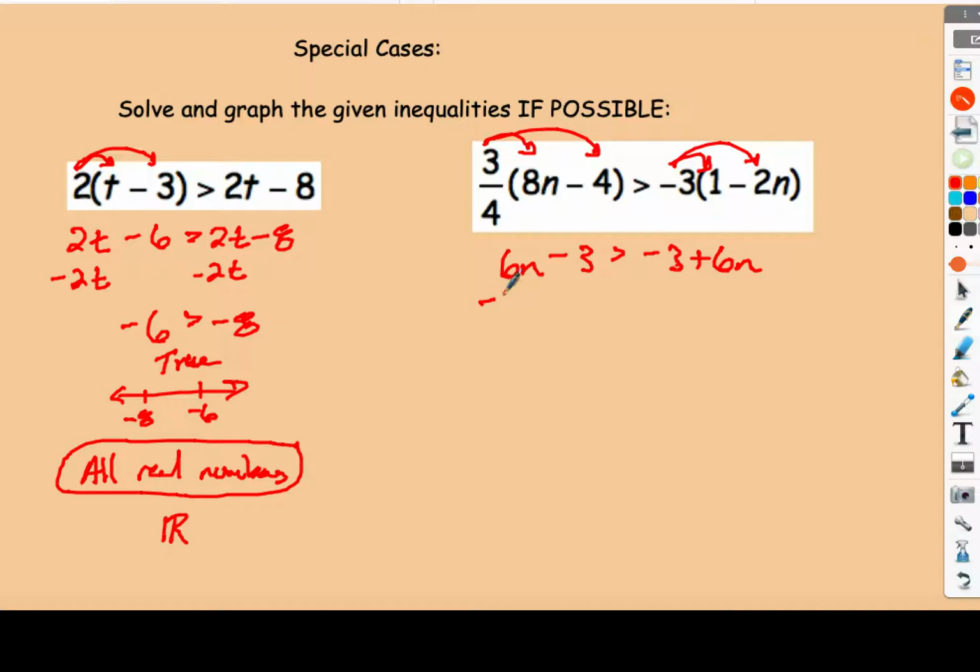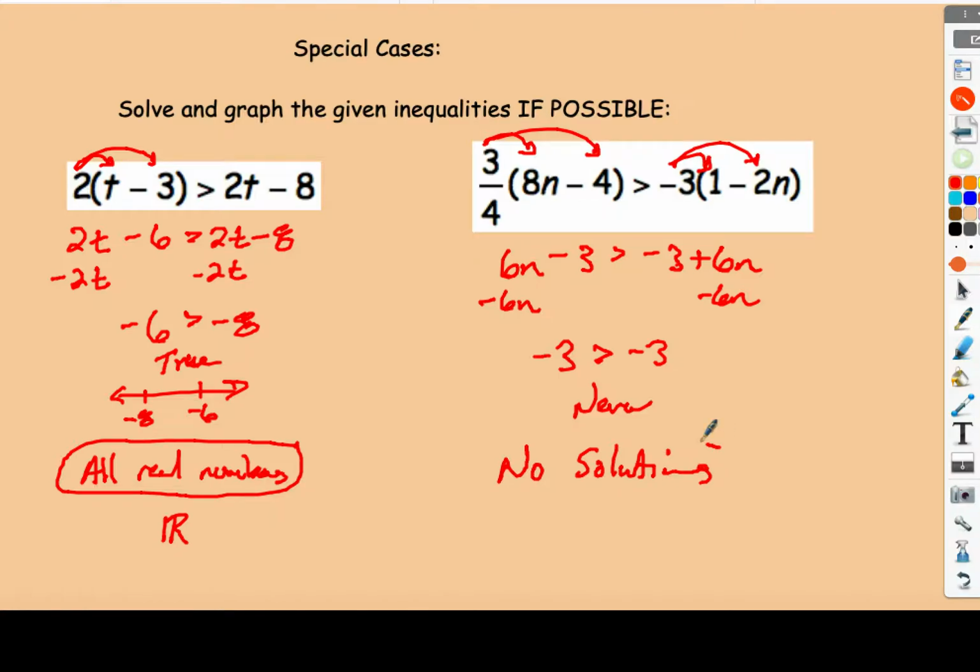Again, if I subtract my n's to try to combine like terms, well, I get rid of the 6n's on the left, but I also get rid of the 6n's on the right. And is -3 greater than -3? Well, never. Is it greater than itself? Well, no, which means this one would be no solutions.